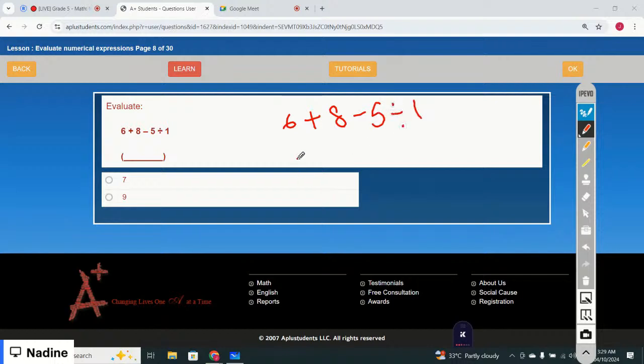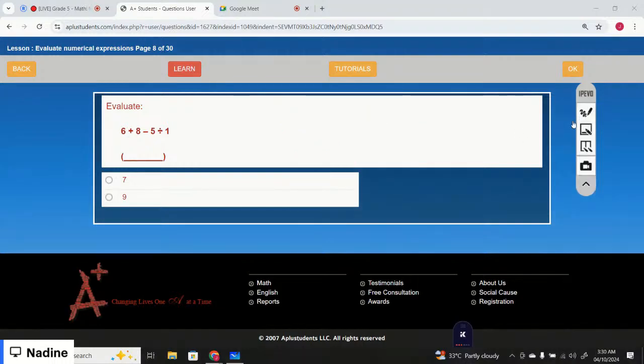So 5 divided by 1 is 5. Now going from left to right, you need to add 6 plus 8 is 14, and 14 minus 5 is 9. Yes, that's option number 2, not option number 1, right? The correct option is option number 2, that is 9.